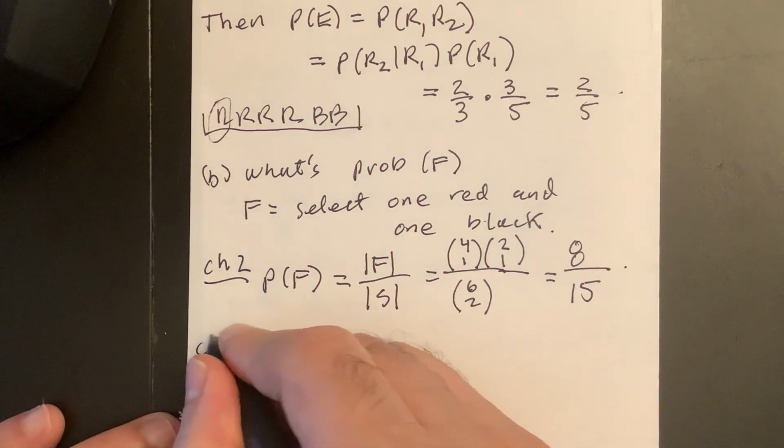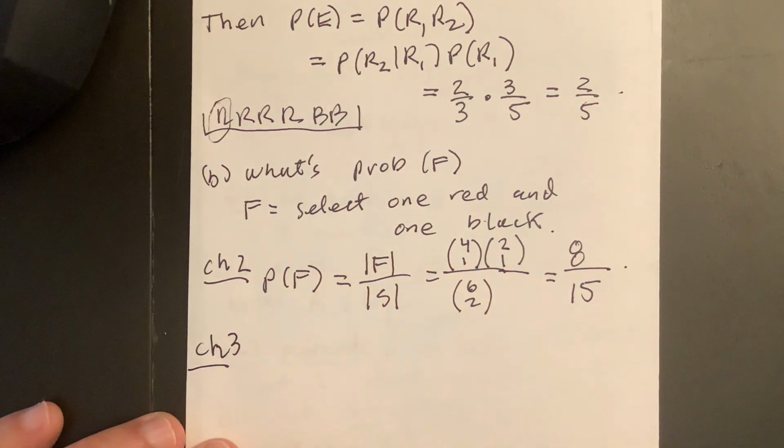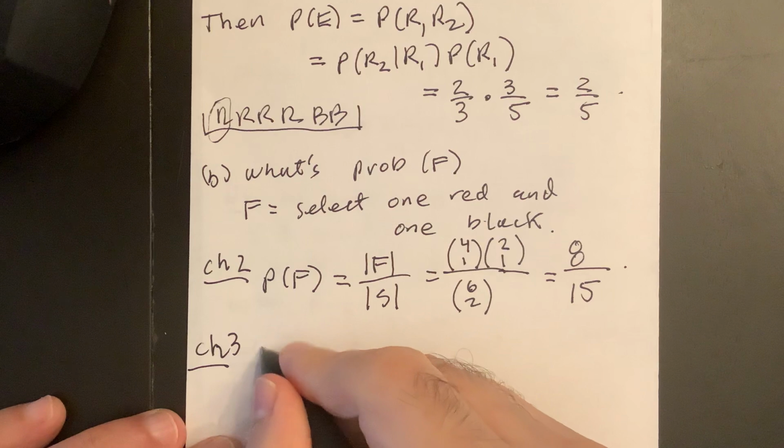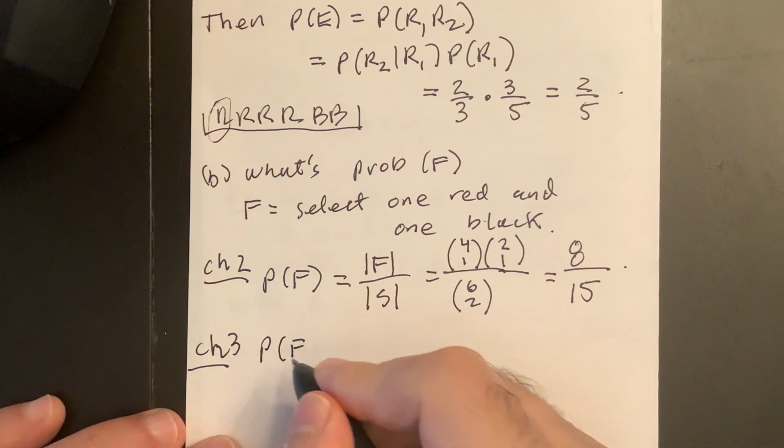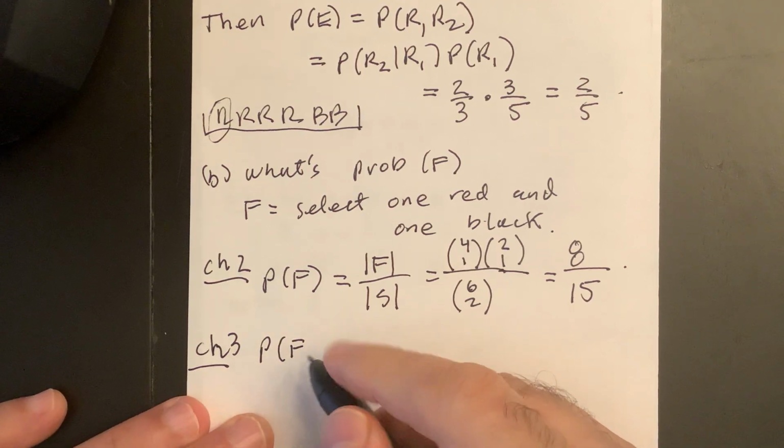And now chapter 3, we can use conditional probability. Now here, what do I need to do? I need to consider two cases. So this is going to be the sum of two cases. So probability of F, so maybe in a way you think of chapter 2 easier, I don't know.